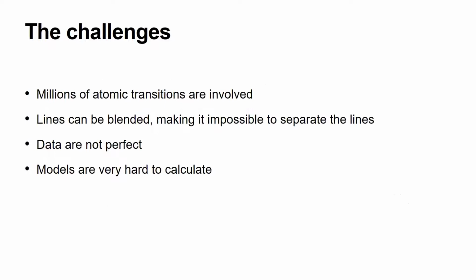The challenges are that there are millions of atomic transitions for this kind of problem, and the lines can be blended, and sometimes it's impossible to separate them individually. Even worse, the data can be noisy and incomplete.